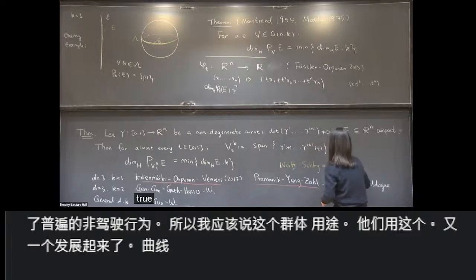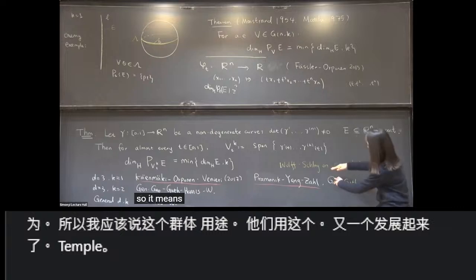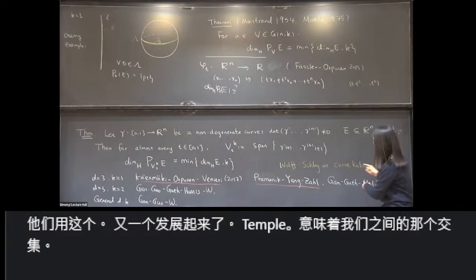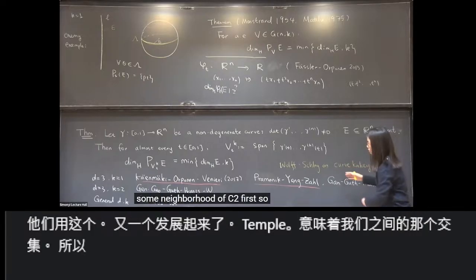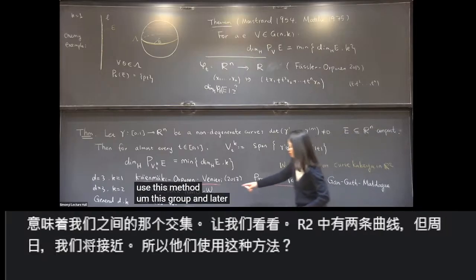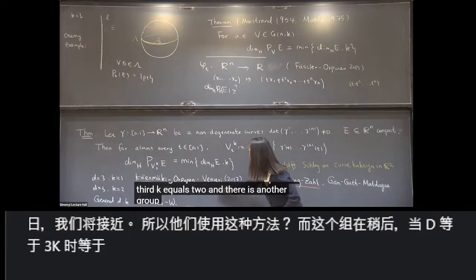Curve continuum. So it means the intersection of some C2 curves in R2, some neighborhood of C2 curves. So they use this method, and later when d equals 3, k equals 2, there is another group.